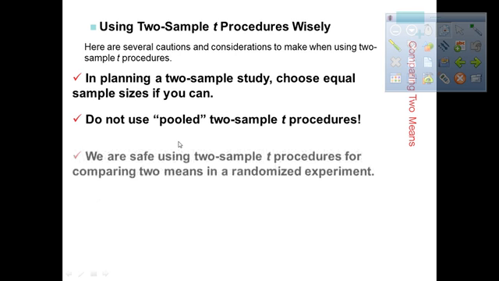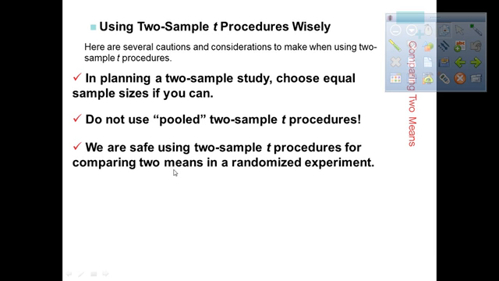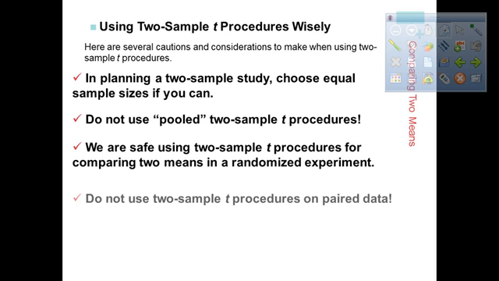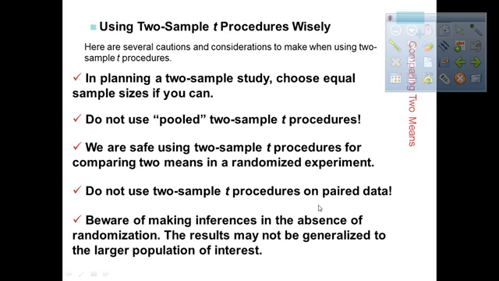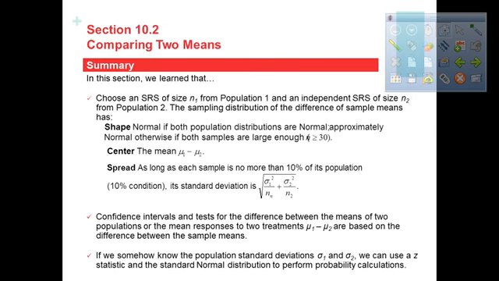Do not use them pooled. We are safe using two-sample T procedures for comparing two means in a randomized experiment. Do not use two-sample T procedures on paired data. Paired data, we're going to have one. So we're going to have to know the difference between a two-sample T procedure and paired data. And beware of making inferences in absence of randomization. The results may not be generalized to a large population of interest.